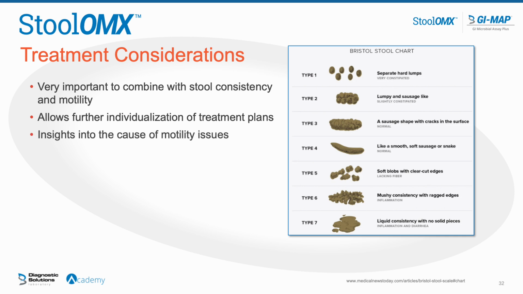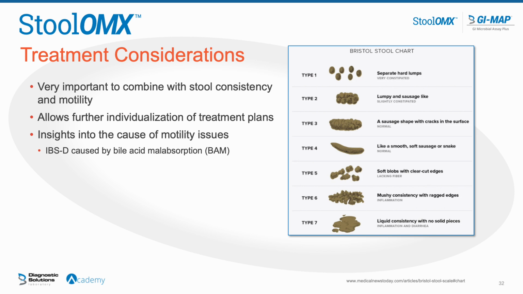It provides further insights into the cause of motility issues above what we can see on the GI map. For example, excessive bile acids can indicate a root cause of bile acid malabsorption for diarrhea or IBS-D.